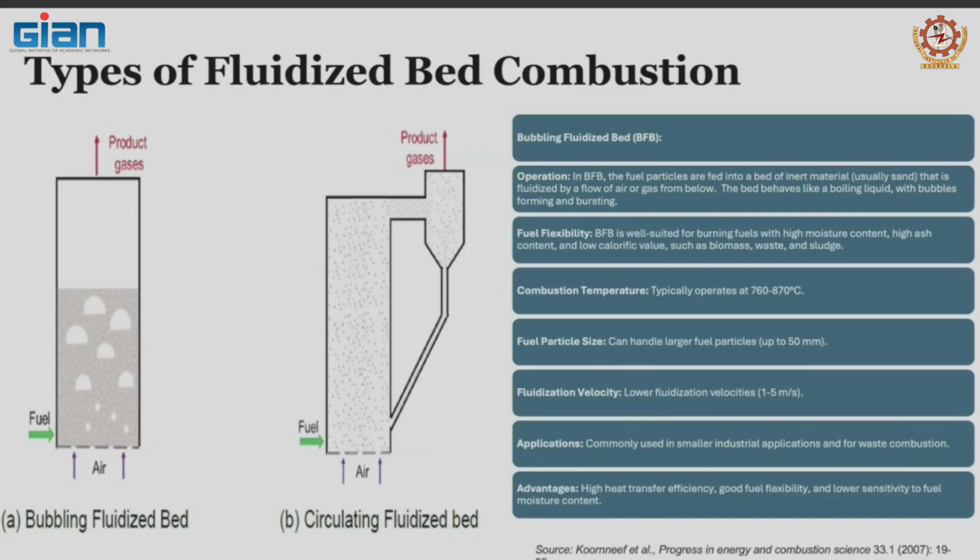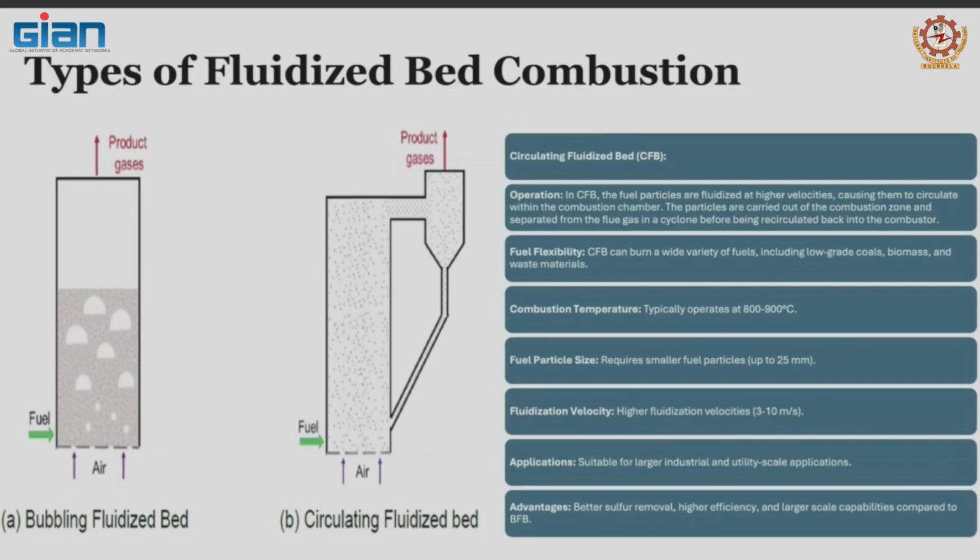Whether the fuel moisture is 20% or 25% won't make a big difference, because you usually have 5% fuel, 95% bed material. So in this large thermal mass, it won't affect the overall temperature. Okay, and overall temperature is important, of course, to keep it efficient.